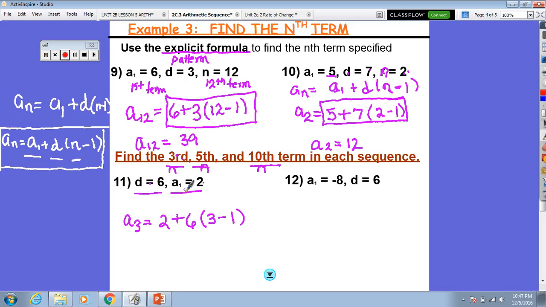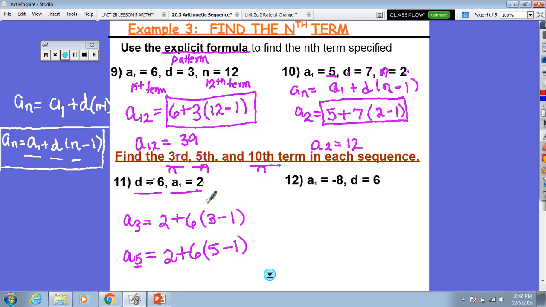Alright, then we're going to set it up again, but for 5. So A5 equals the first number, which is 2, plus the pattern number, which is 6, and in the parentheses, instead of 3 minus 1, I'm going to have 5 minus 1, because our n is 5 this time.